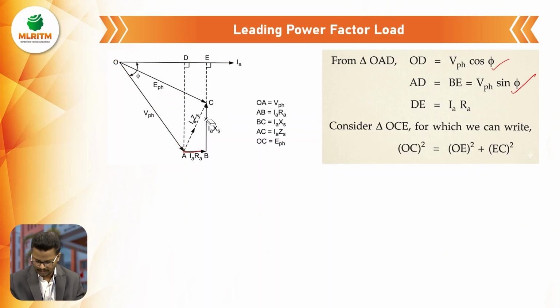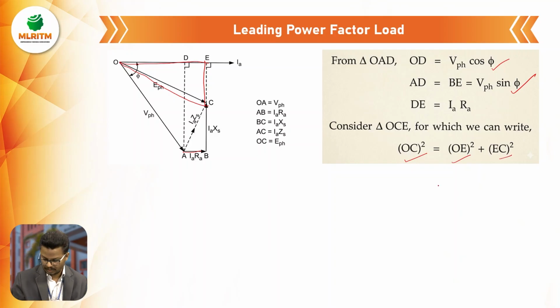Now consider the triangle OCE. For this OCE triangle, we write the Pythagoras theorem equation. From the Pythagoras equation, the hypotenuse square is equal to the sum of the other two sides squared. OC square is equal to OE square plus EC square.